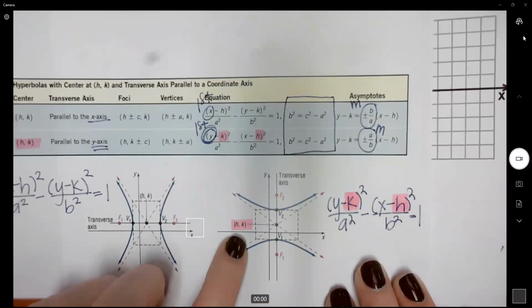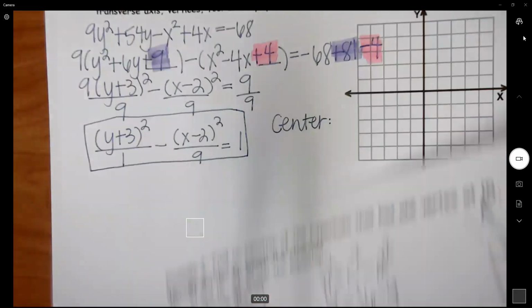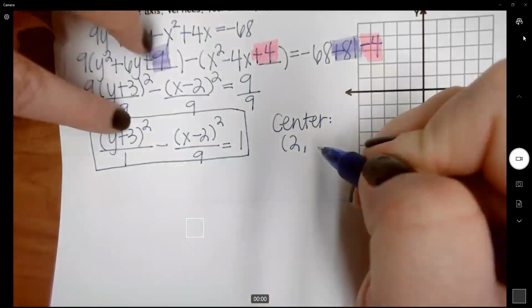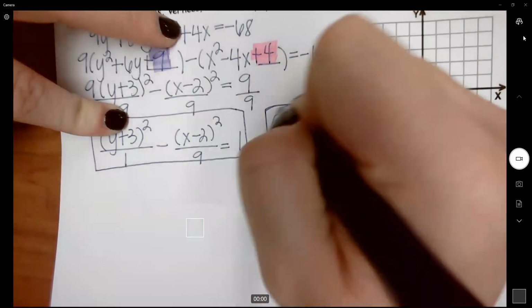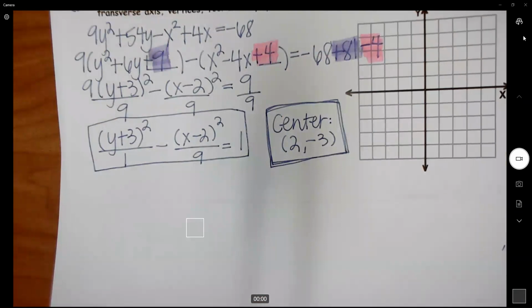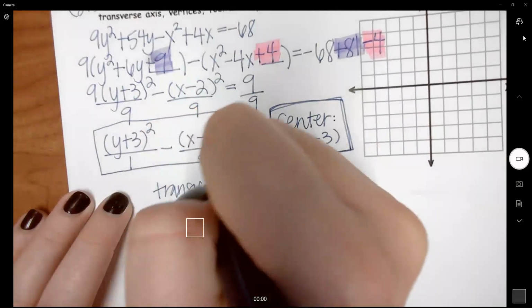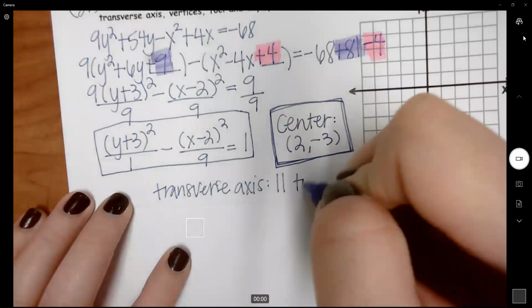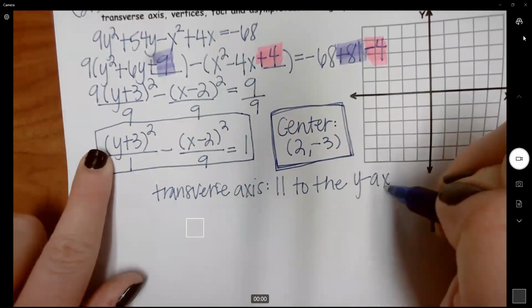And so remember, your center is always (h, k), but your h is with your x and your k is with your y. So my center is (2, -3). My transverse axis is parallel to, because y is first, the y axis.